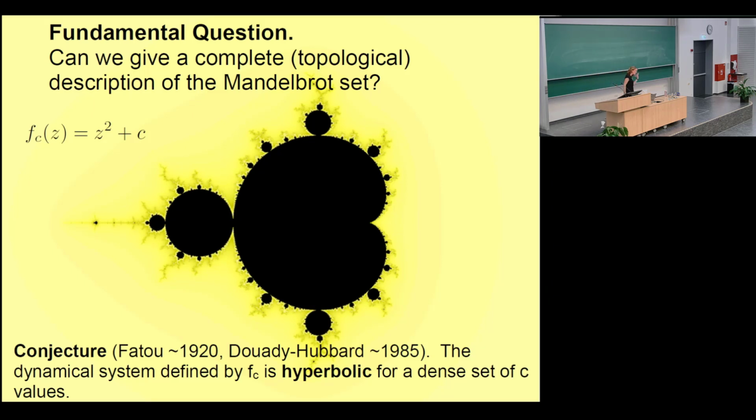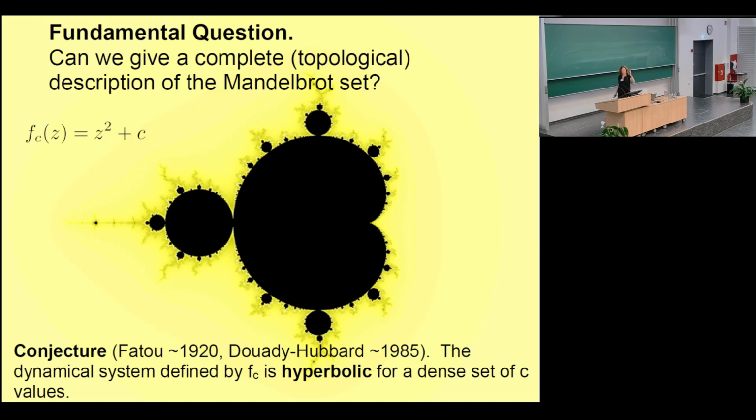Technically, it means there's expanding on the Julia set. There's a way to describe the map as expanding on its chaotic locus, with some uniform expansion rate. But anyway, what we believe is that for a big, open, and dense set of parameters in this family, we can understand the dynamics, and we don't know if that's true.